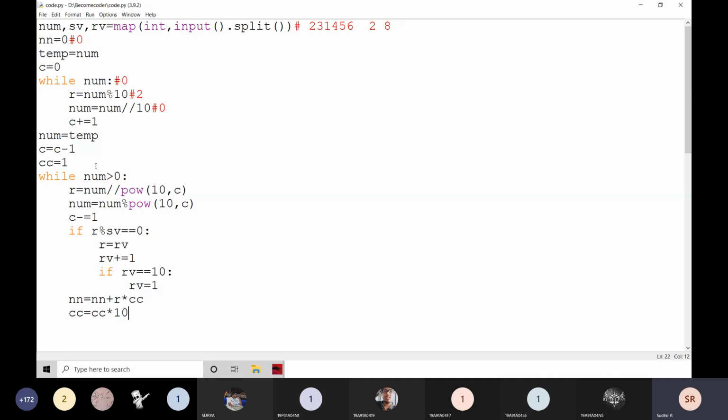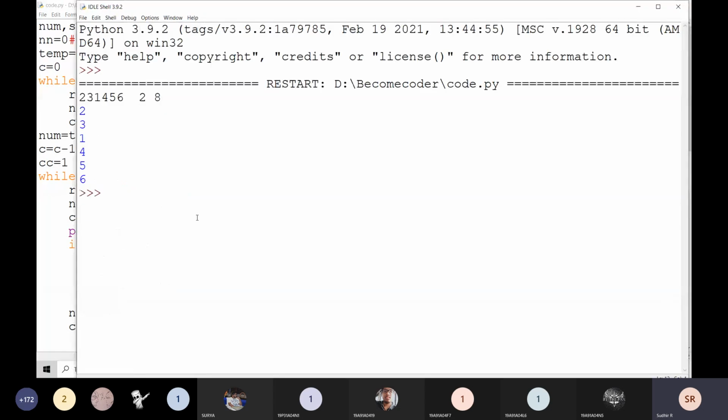It is not replacing. R here, 2. This is the first value, right? This is the first value. I'm going to replace here. Then new node. It is not replacing.